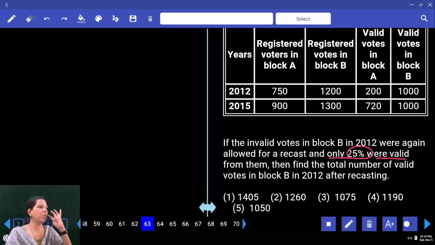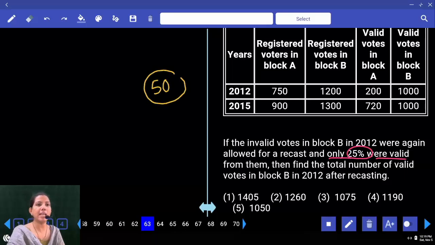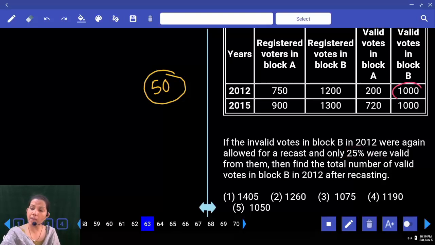How many votes to be recasted? 200 votes. అందులో ఎన్ని votes వ్యాలిడ్ అయినాయి? 25% means 1/4 of 200, అంటే 50. ఈ 50ని వ్యాలిడ్ votes అనే కానాలి. Your question is to find the total number of valid votes in block B in 2012 after recasting. Before recasting how many valid votes? 1000. After recasting 50 extra. So the answer is 1050.